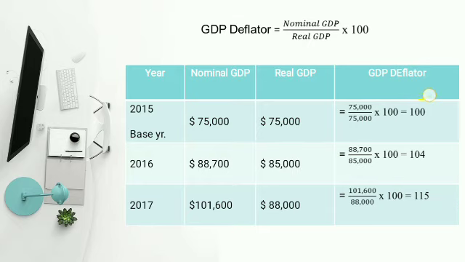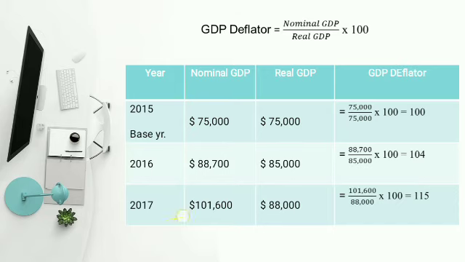So the GDP deflator in 2015 is 75,000 divided by 75,000 times 100, which is 100. In 2016, it is 88,700 divided by 85,000 times 100, which is 104.